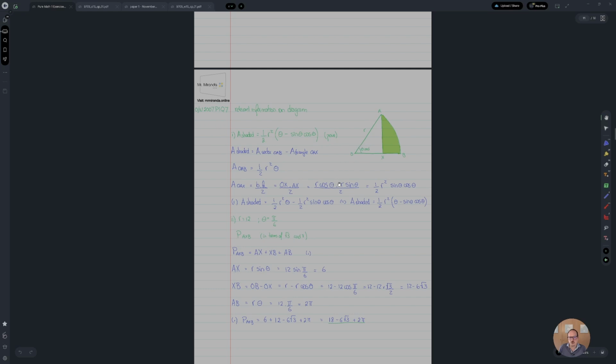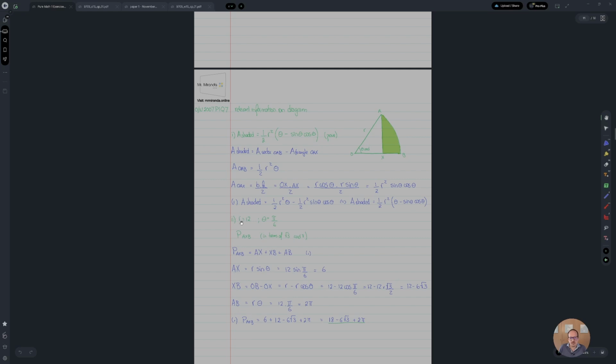And AX is going to be r sine of theta. Don't forget, you need to provide a final answer in terms of all these things. So here you have the area of the triangle. This is the area of the sector. So the area of the shaded region is this minus that. Factorize 1/2 of r squared, and this is what you get.